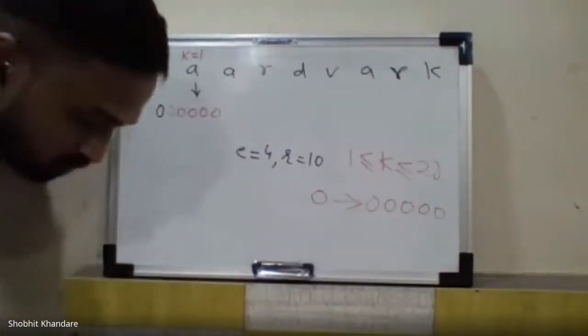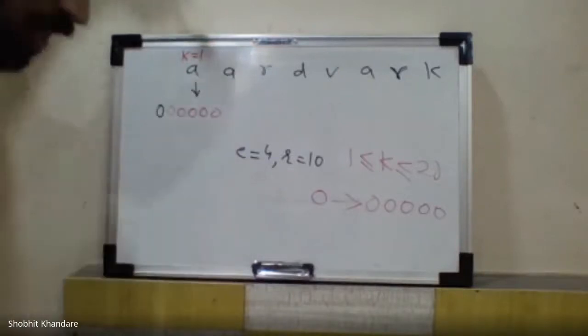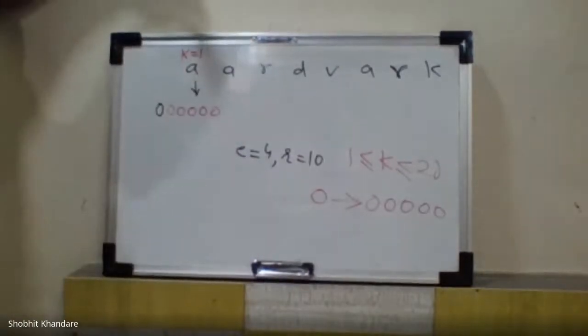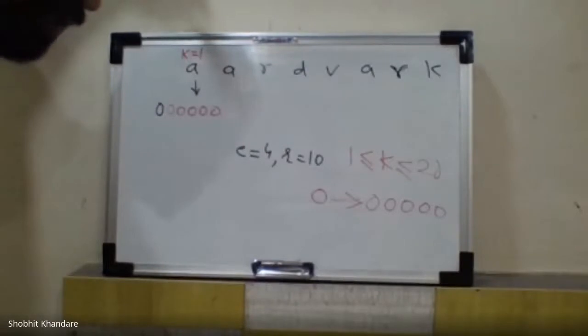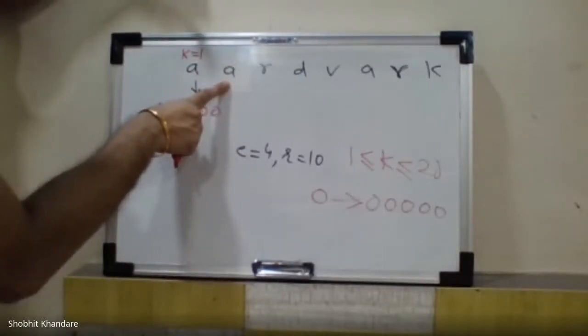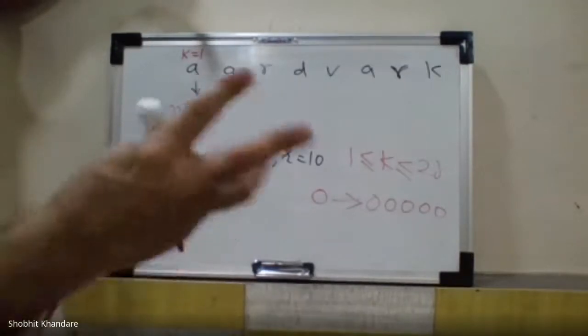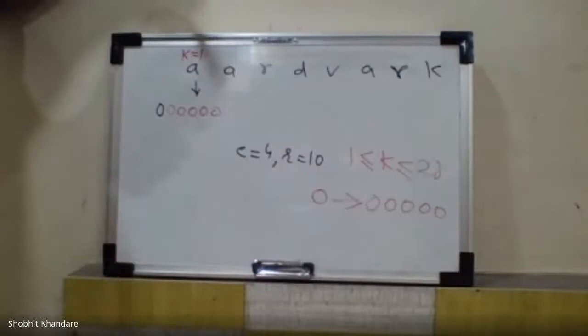We'll go with the second code. Now again see the steps. We'll go with step number 2: if the symbol has come for the first time. No, it has not come for the first time now. I'm talking about this A. It has come for the second time. So go with step number 3: if the symbol has not come for the first time, then send the code for that particular symbol.